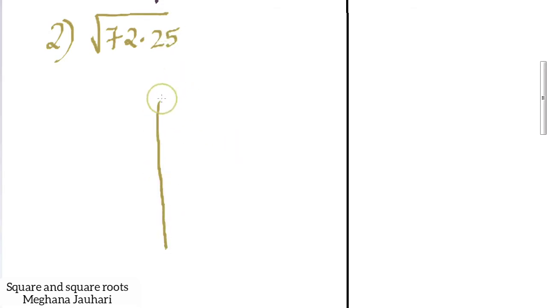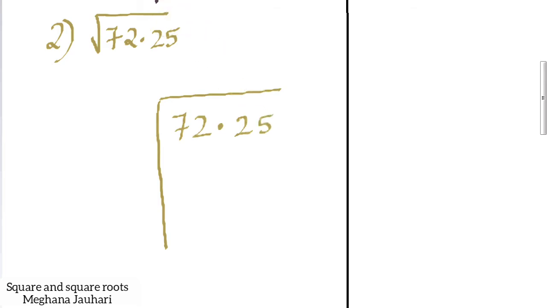I hope you have got this. Now let's check out the second question. We will do the same steps, but we only need to shift the decimals. So in question number 2, we have 72.25. Clear? So again, we will make pairs in the fractional part and whole part.